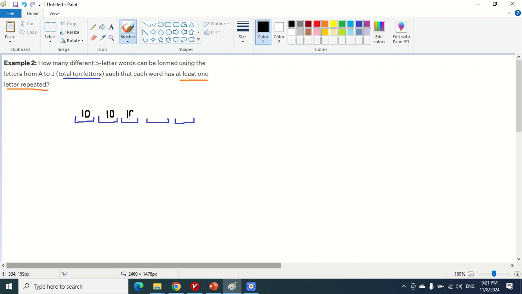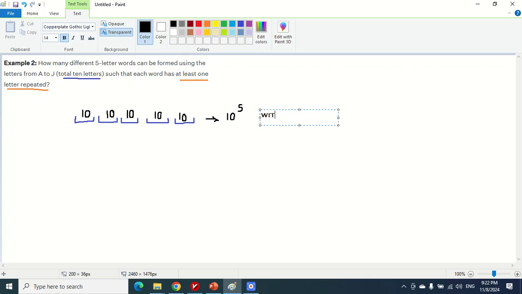The total number of cases is 10 to the power of 5, or 10 times 10 times 10 times 10 times 10. These are the cases with repetition.